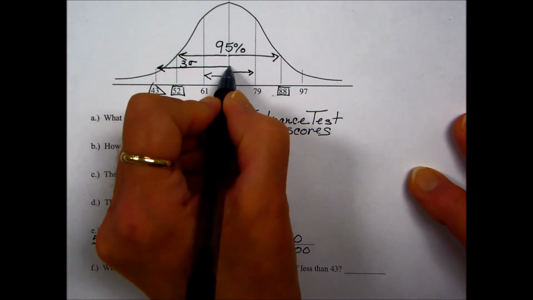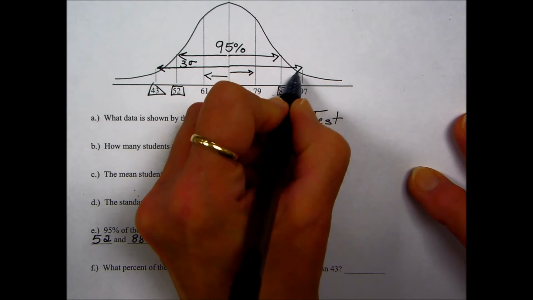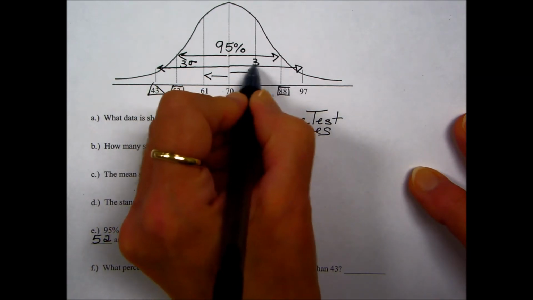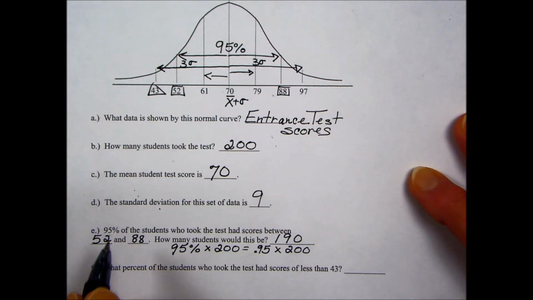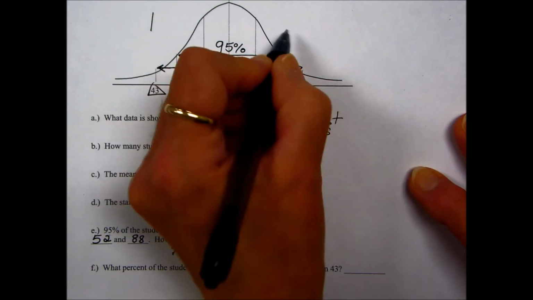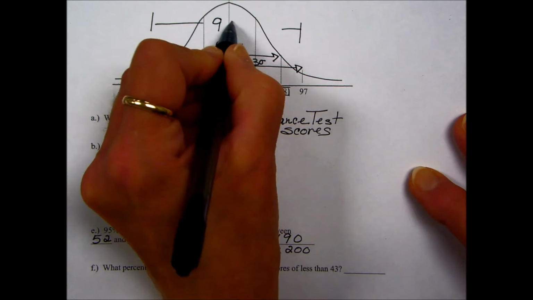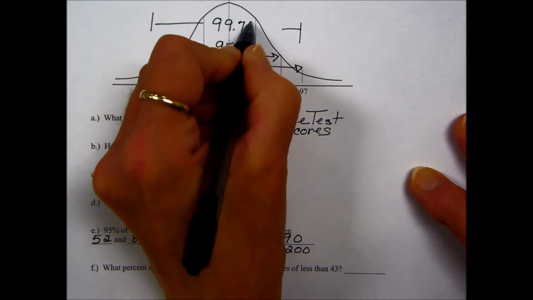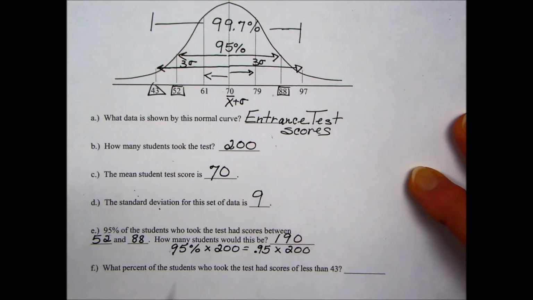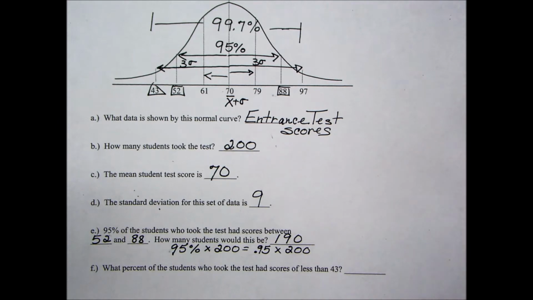Well, if we go 3 standard deviations above as well, 3 standard deviations above and below is equivalent to virtually all of the data, which is 99.7, but not quite all.